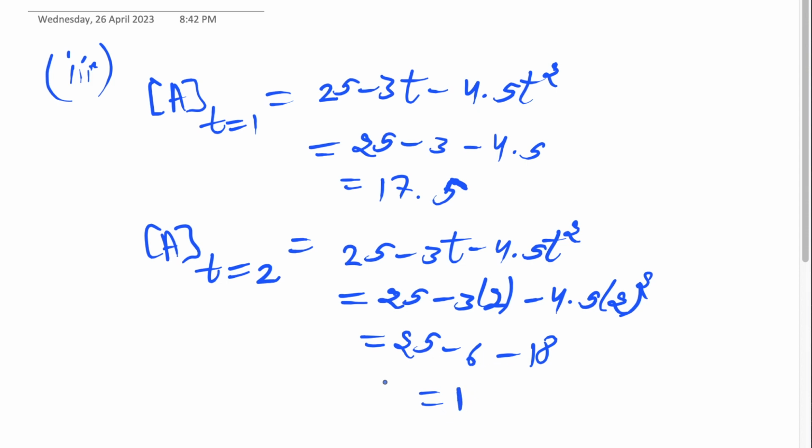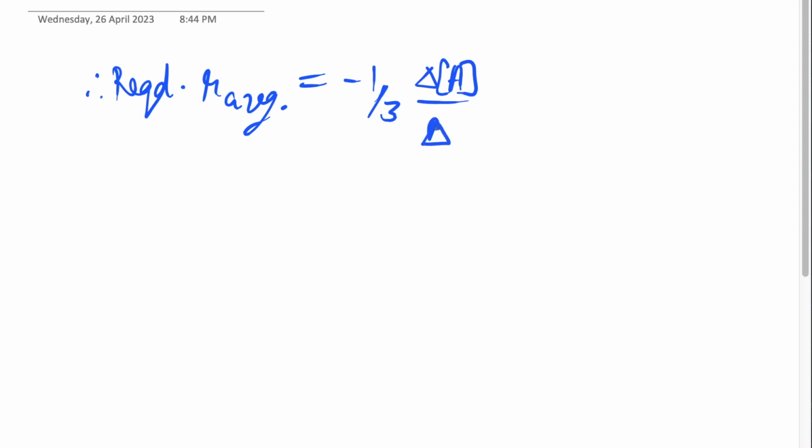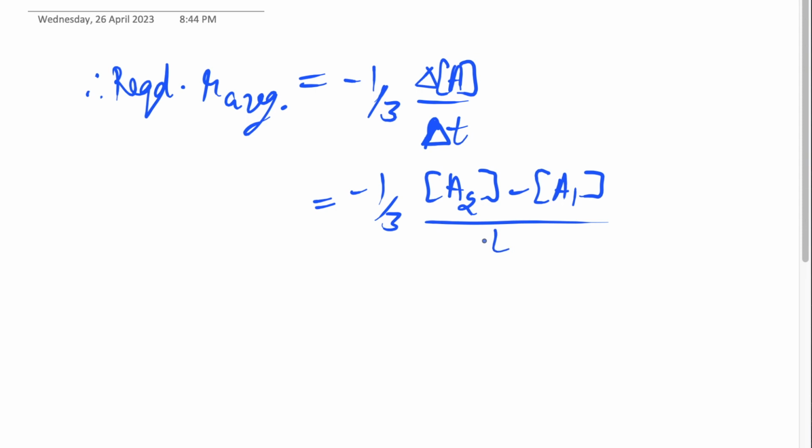Therefore the required average rate of reaction is minus 1 by 3 delta A by delta t, which is minus 1 by 3 times A2 minus A1 by delta t, and delta t is 2 minus 1.